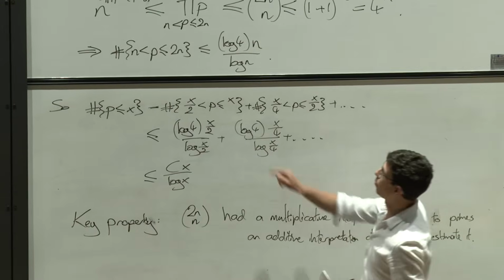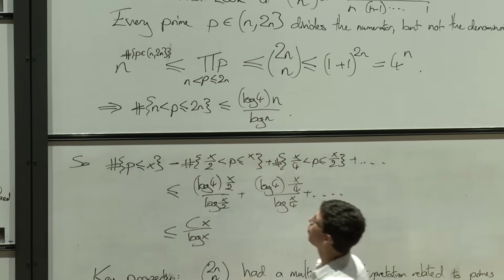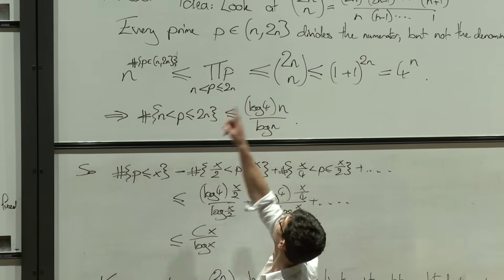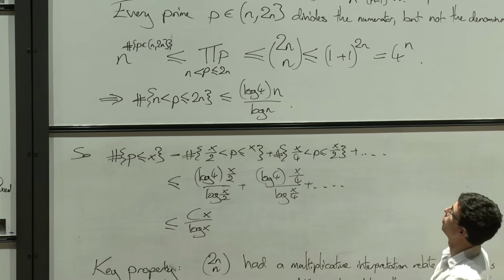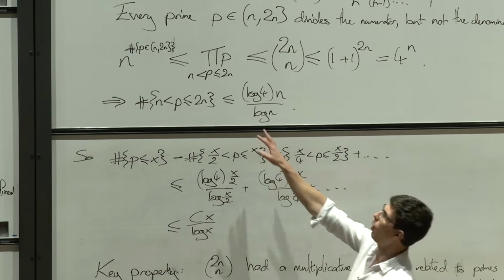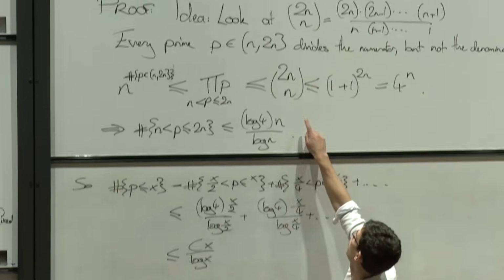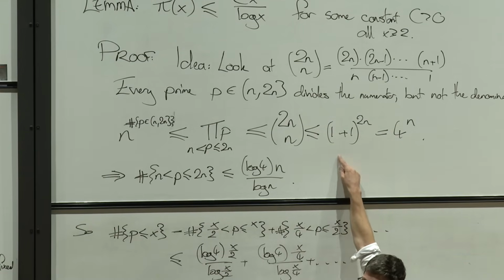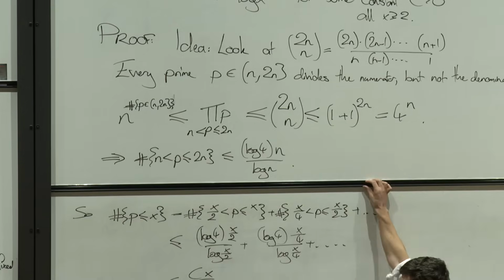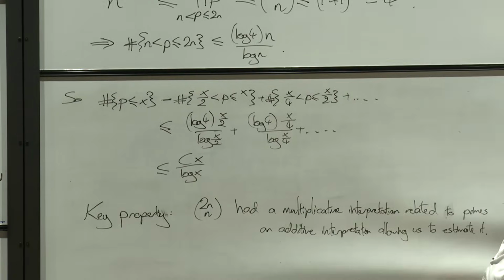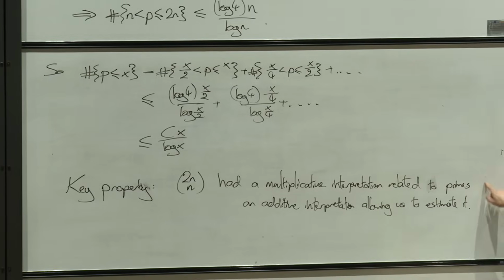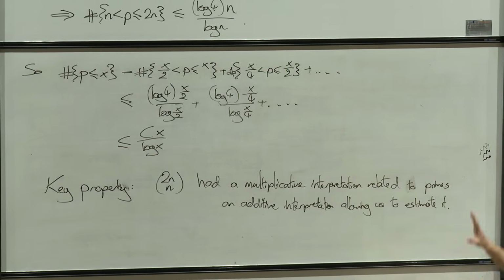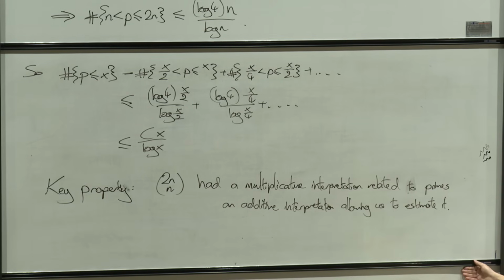If I just looked at the product of all primes between n and 2n, this is clearly related to the number of primes between n and 2n, but it's not obvious how I can get an upper bound for this quantity. And the key step here is this additive relation, that 2n choose n comes up from this binomial expansion. And this key property here of mixing addition and multiplication is something that comes up in lots of different places in the course.